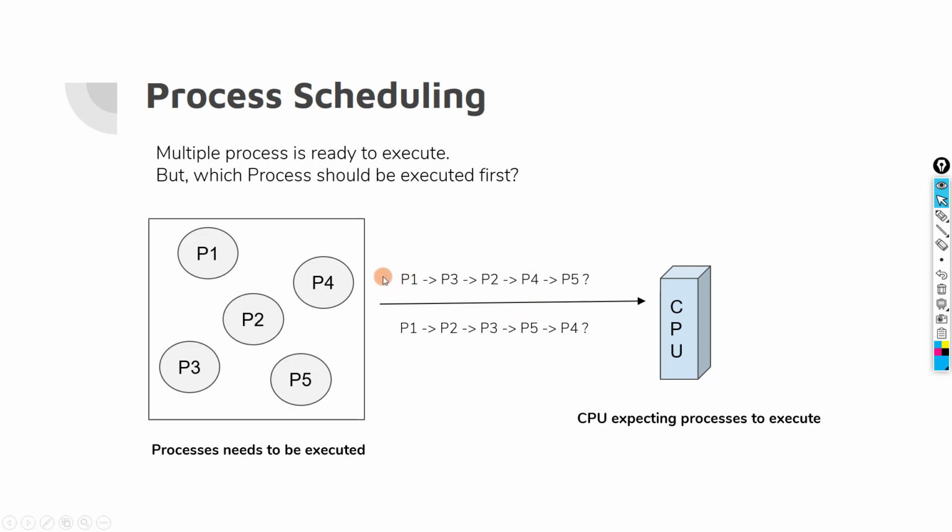Either the operating system will follow this schedule, or it will follow the other one. So the operating system must have the schedule of the processes that the CPU will follow to execute them.